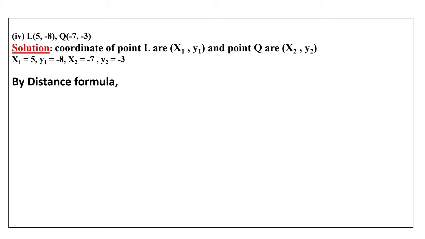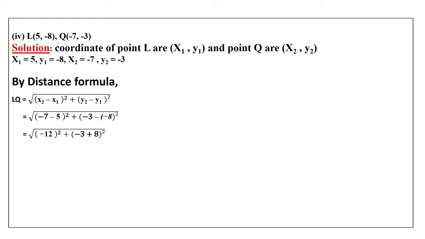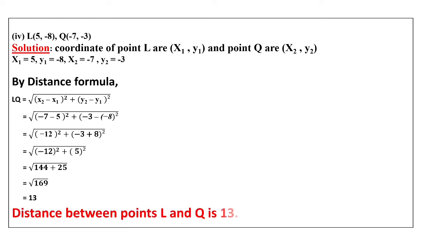By using the distance formula, substitute the values of the given coordinates. We get (minus 12) whole square plus (minus 3 plus 8) whole square. So minus 3 plus 8 is 5, whole square. 12 square is 144. 5 square is 25. 144 plus 25 we get 169. And 169 is the square of which number, student? 13. So the distance between the points L and Q is 13.